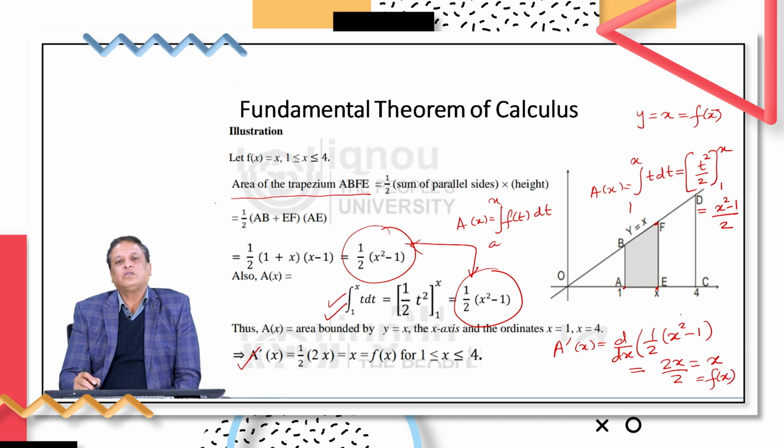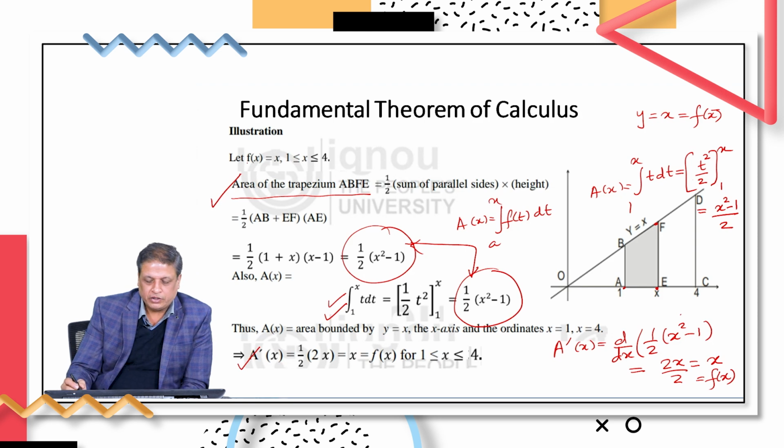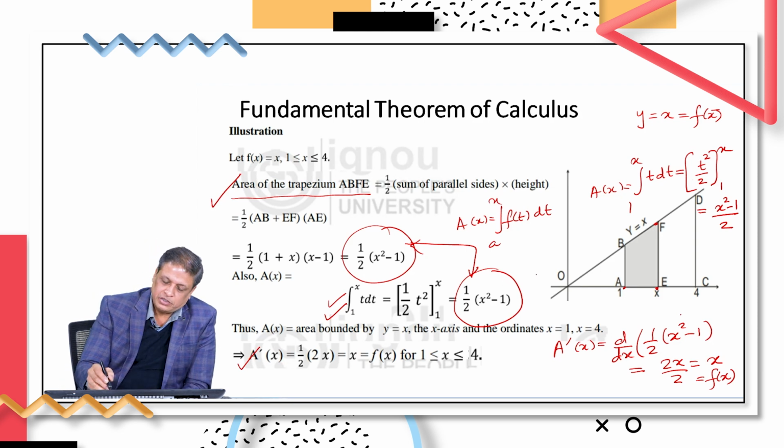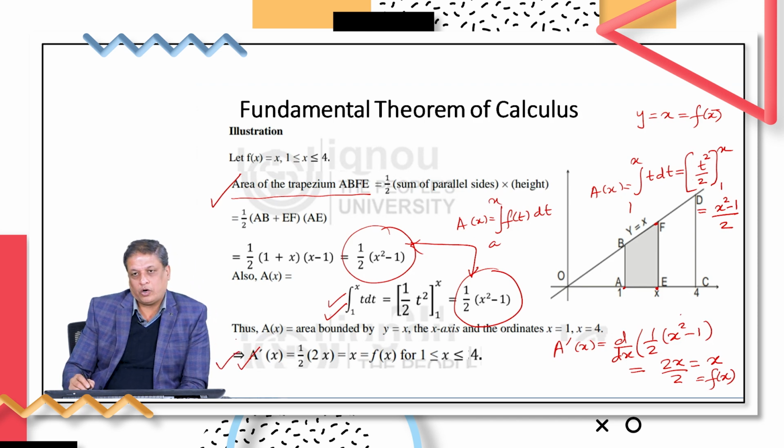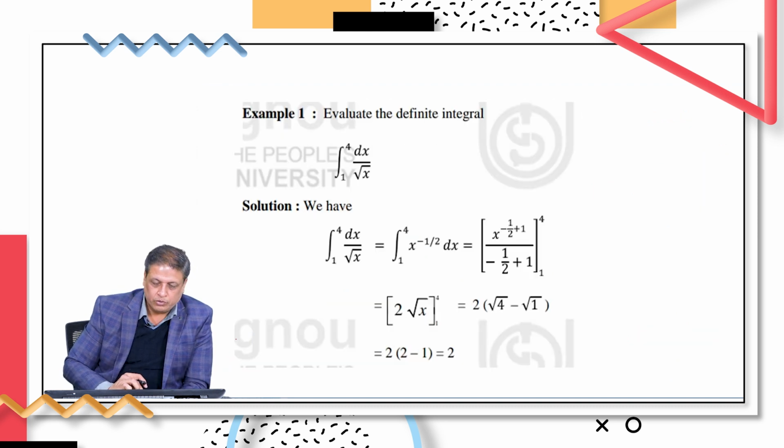So we understood by this illustration that the area of the trapezium is represented by the integral. The area under the curve is represented by the integral of the function, and differentiation is the opposite of integration. We learned about these two important concepts by this fundamental theorem of calculus.